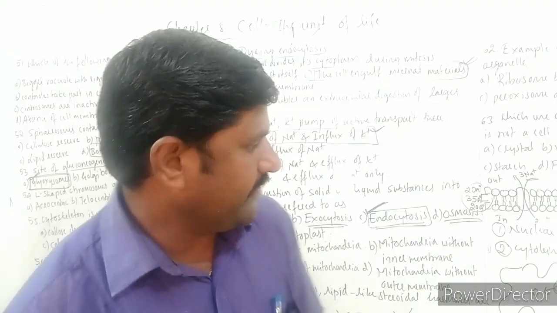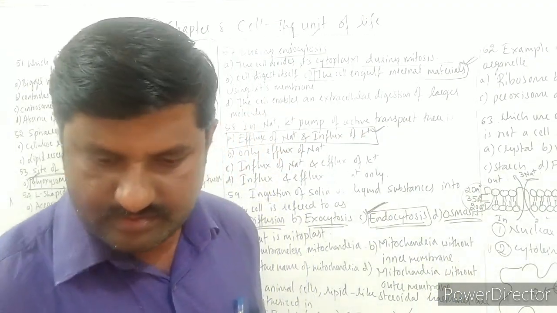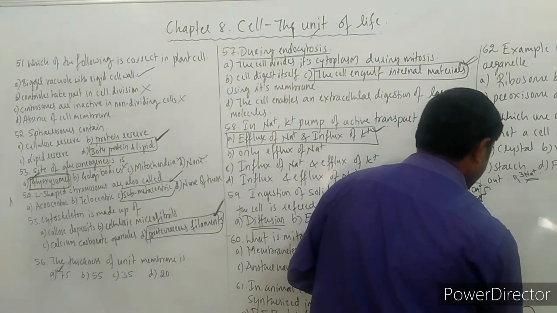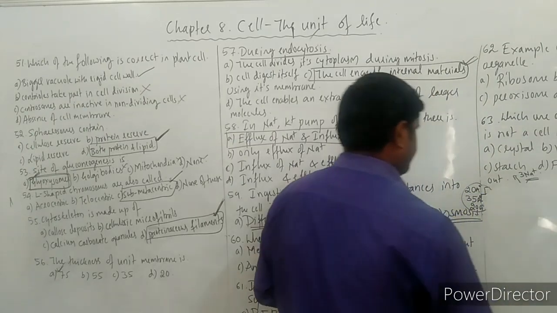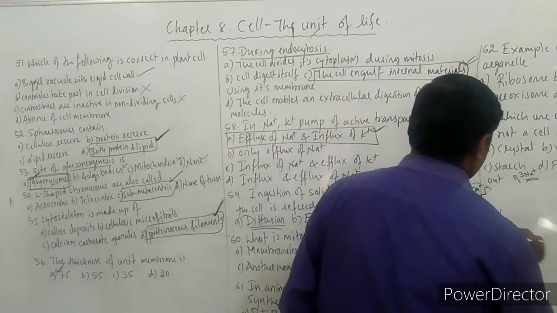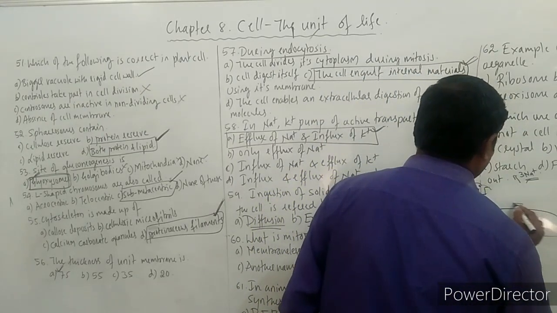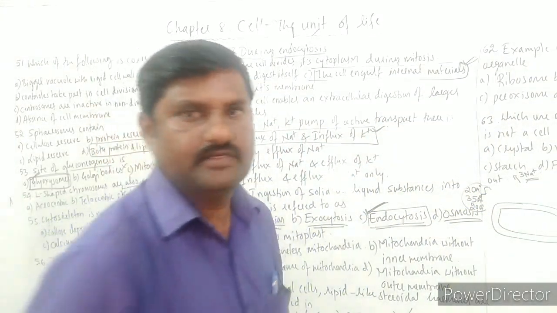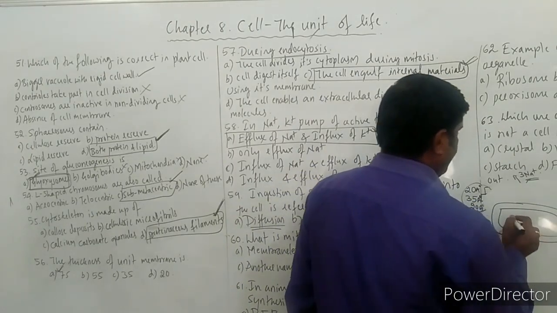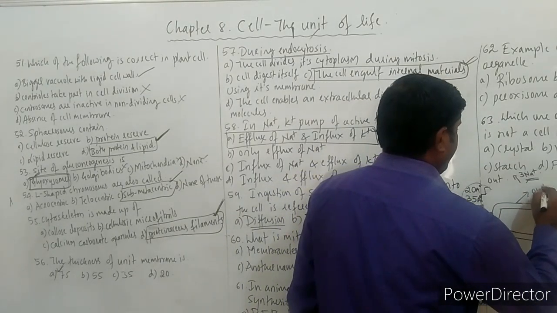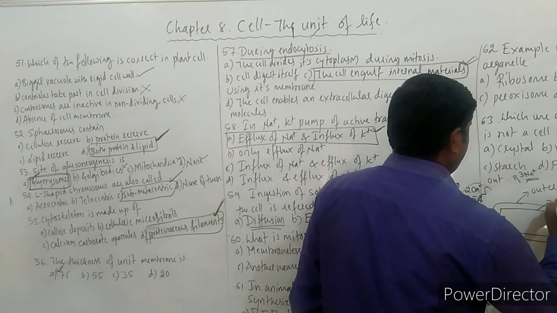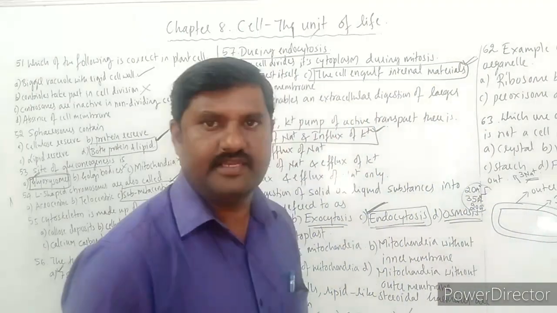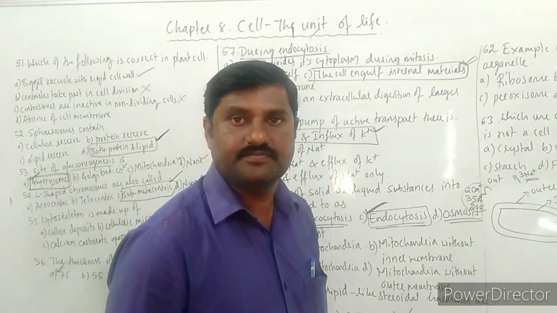So while drawing the diagram of this mitochondria, this is one mitochondria, a double membrane bound cell organelle. This is the outer membrane, this is the inner membrane. Outer membrane as well as inner membrane is what we come across here.